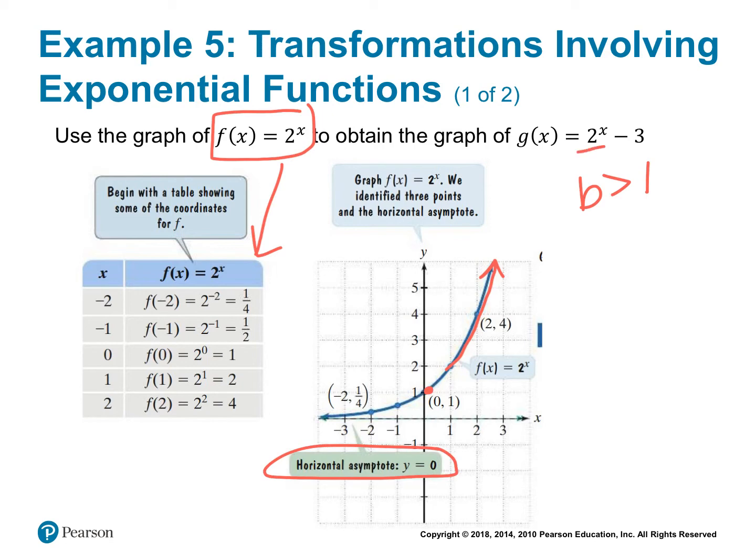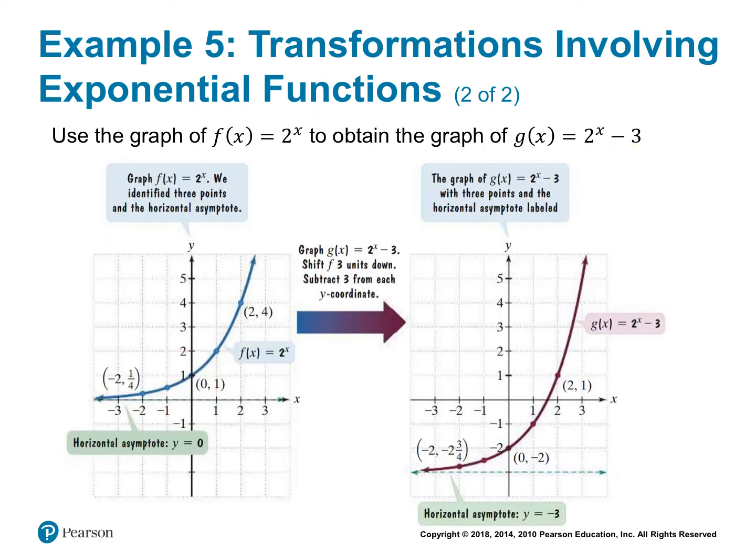Now we're going to see what this graph is going to look like with a -3 at the end. So here was this graph. Now if we subtract 3, we're going to subtract 3 from the y because we have to shift it 3 units down. So you can see we started at 0, 1. That's where our graph did go, and now we're going to go 1, 2, 3 down.